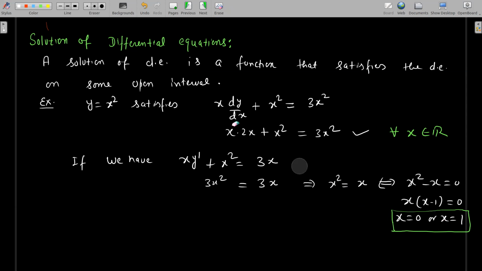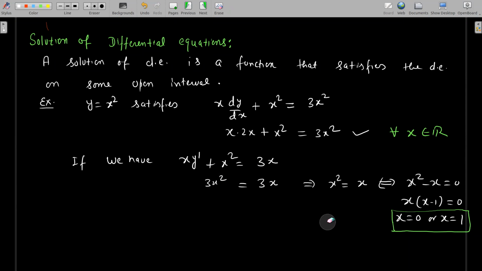So which one is the solution? You can say the first differential equation has a solution y equal to x square, but the second differential equation doesn't have a solution, because a solution should be on some interval, not discrete points, isolated points.